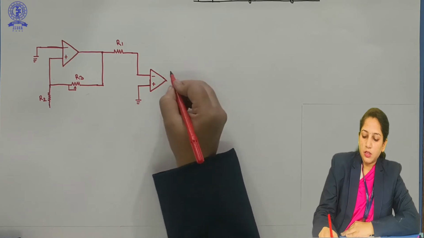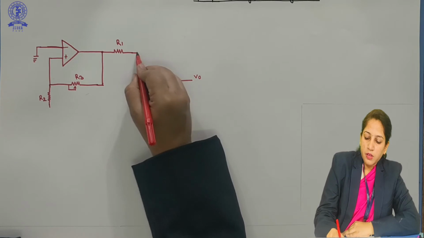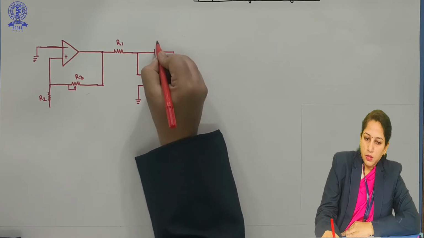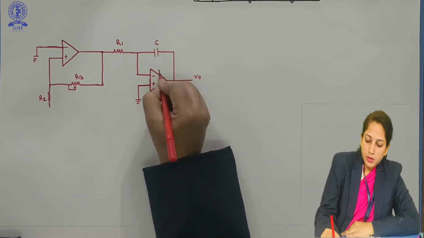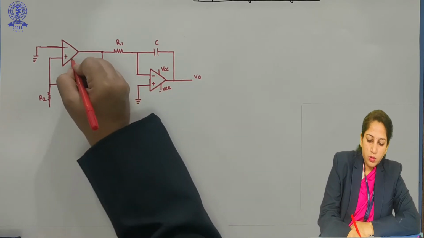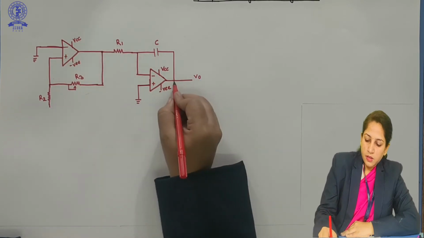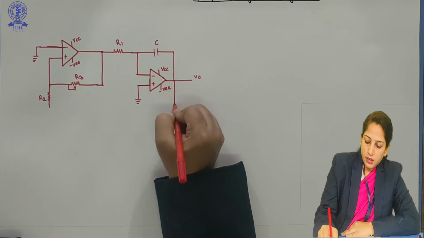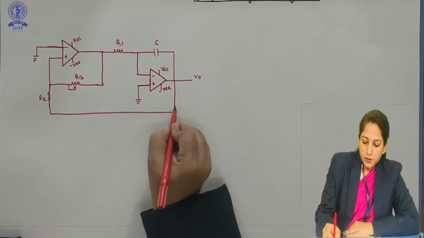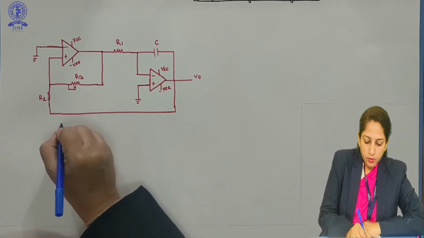Here we will get V0, and here a capacitor C is connected. VCC and VEE, here also minus VEE and VCC, and from here again it will be connected as the feedback of the first. So this is the circuit for the triangular wave generator.